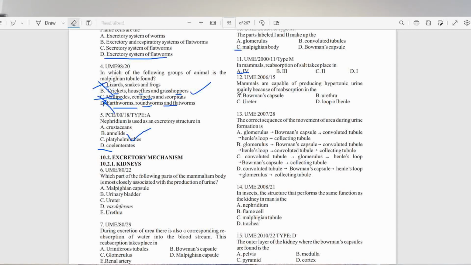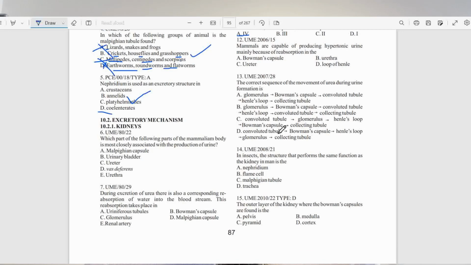So the other options do not make any sense. The Bowman capsule is where filtration occurs. The ureter has nothing to do with concentration of urine. So the right answer here will be D.